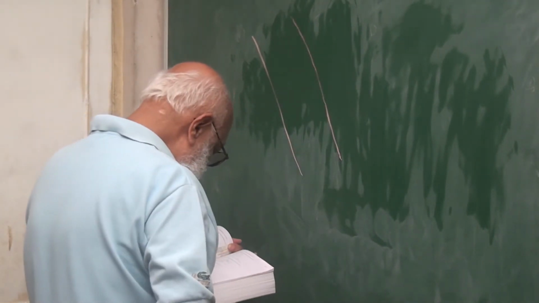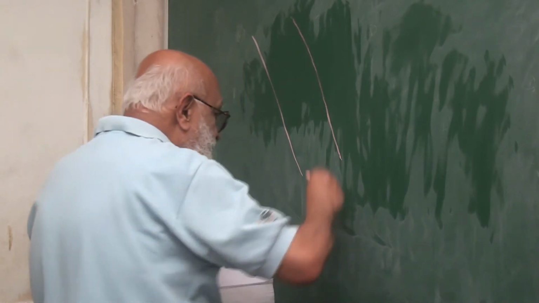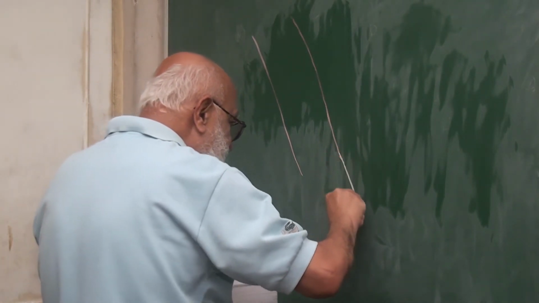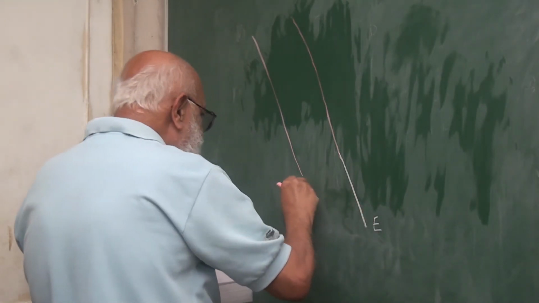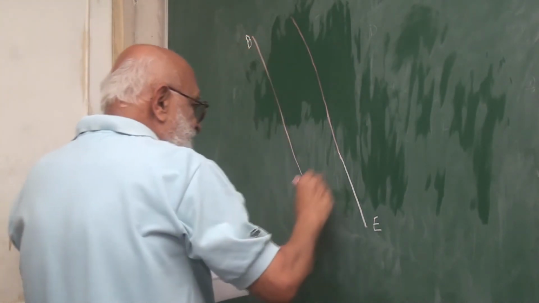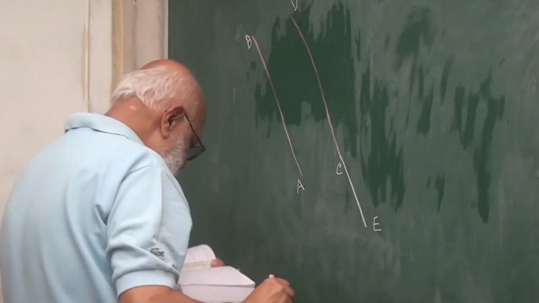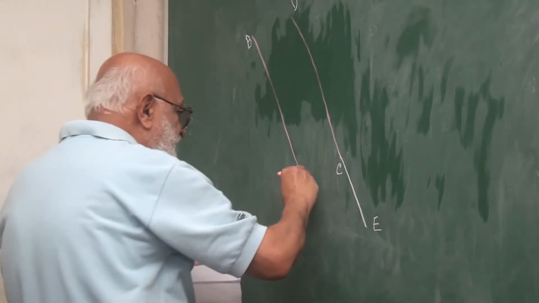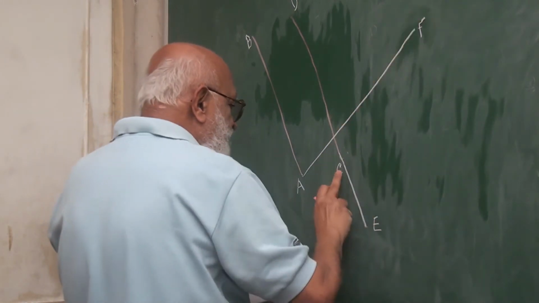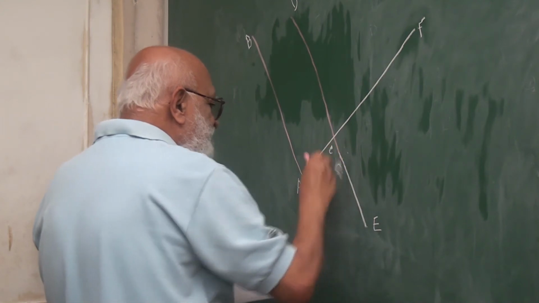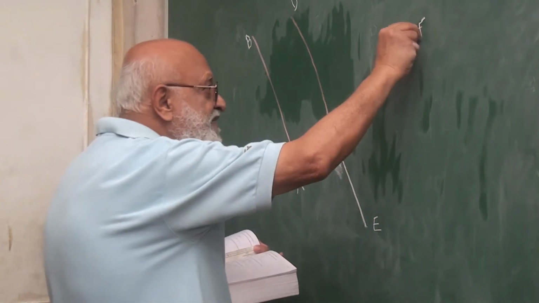Then C is further extended to a point E. And this is A, so it should be B. This is C, and this is D. Now AC is joined and taken to F. These two are joined.